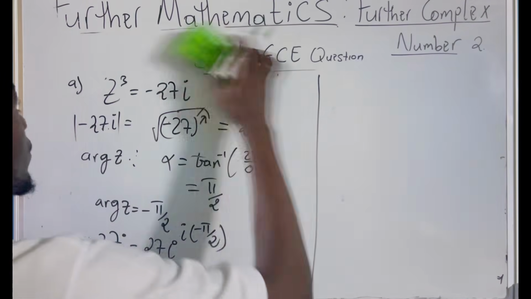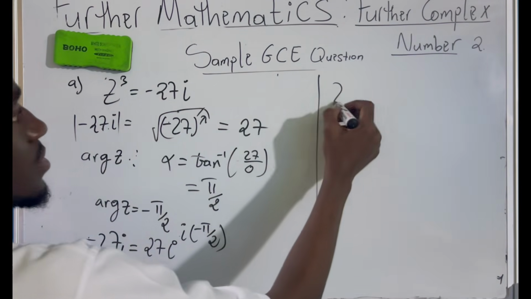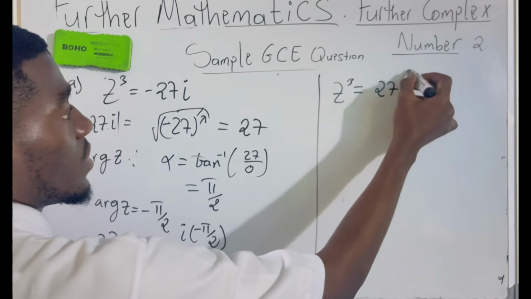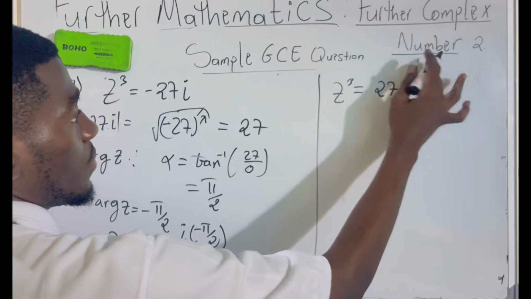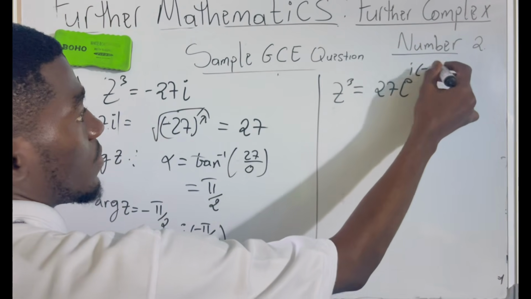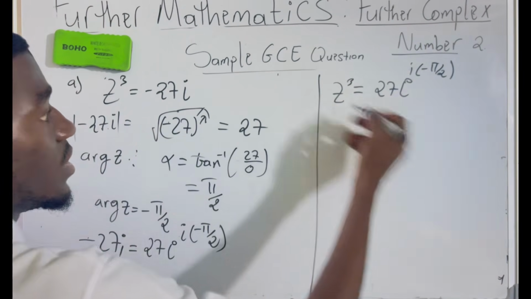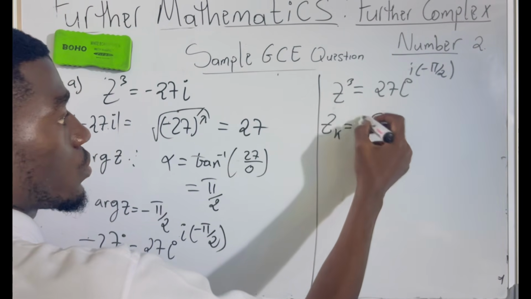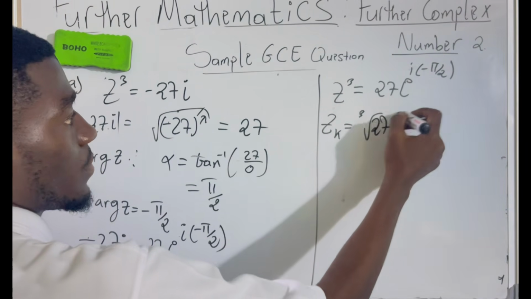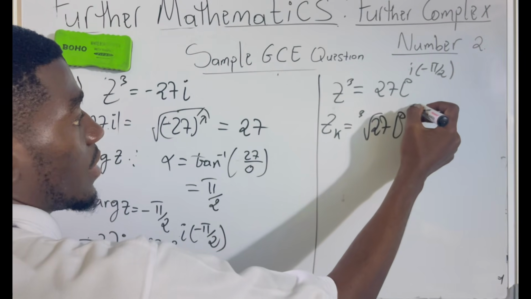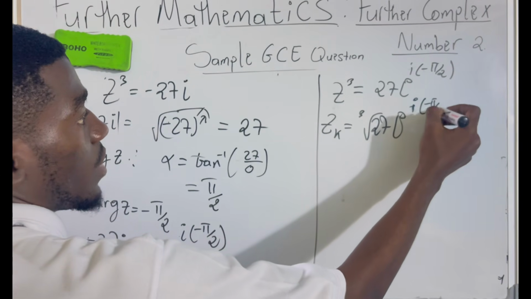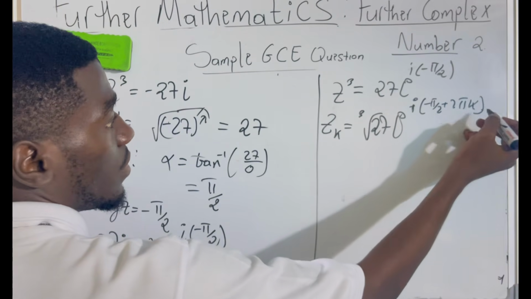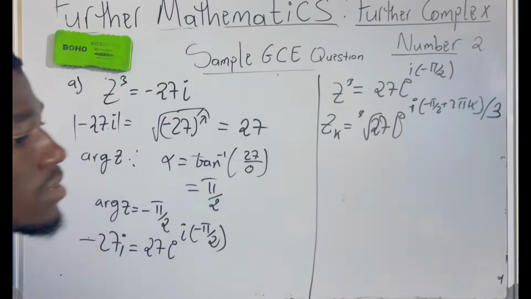With that value, z cubed is equal to 27 exponential of i times negative pi over 2. Using now De Moivre's theorem, z_k equals the cube root of 27 exponential of i times negative pi over 2 plus 2 pi k, all divided by 3.